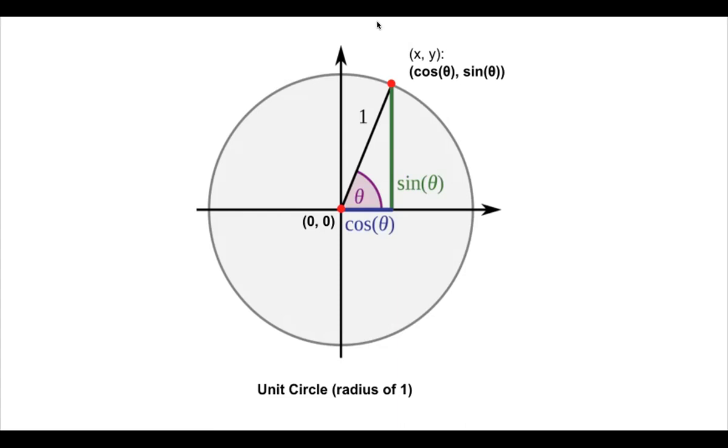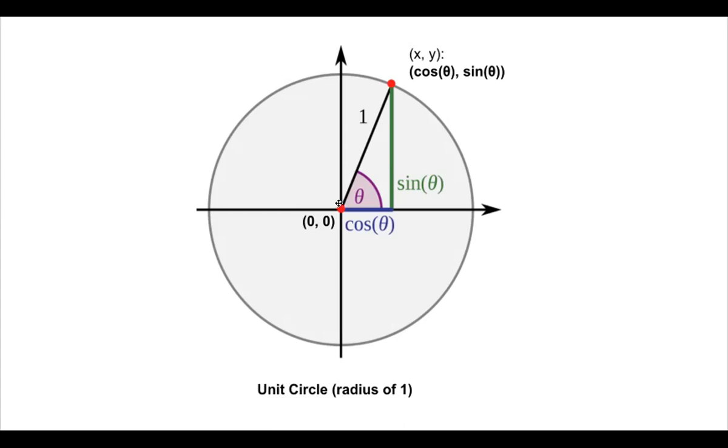Now that we understand this basic idea, we can actually move to our code. Oh, but one more thing. We are talking about this unit circle, which means it has a radius of 1, right? Radius all the way from the center to the edge of the circle. But what if it doesn't have a radius of 1?